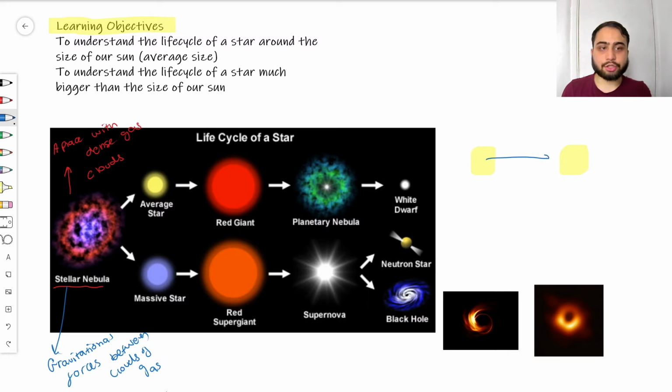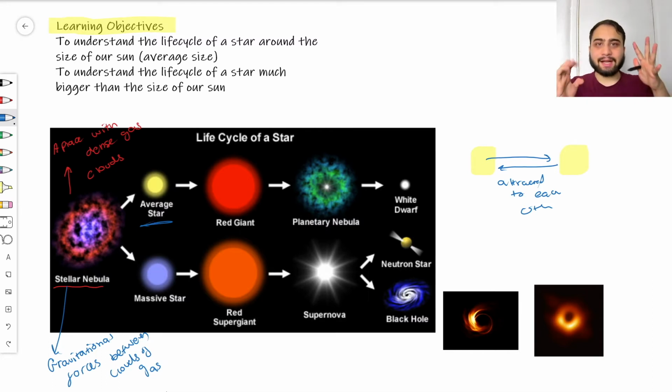These two, due to gravity, would be attracted to each other. Okay, so now say we have a sort of average size of a gas cloud, right? So these clumps of gas start to be attracted together, and over millions of years the force of gravity sort of merges them together to form a sort of simple average star.